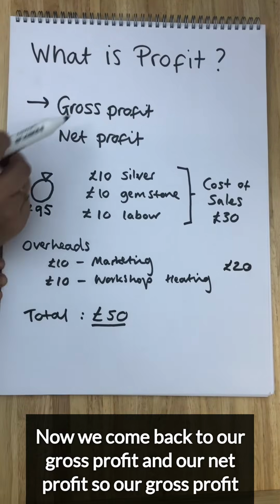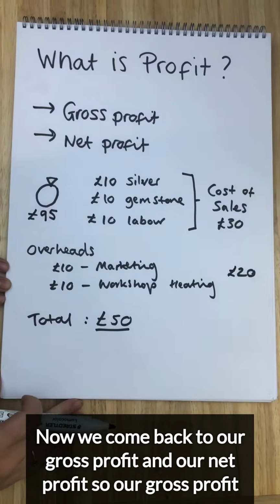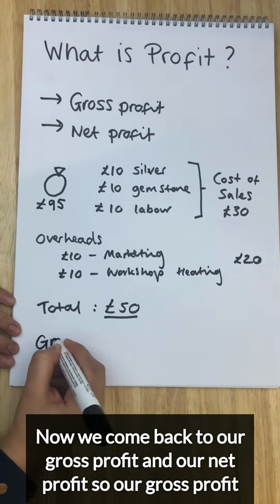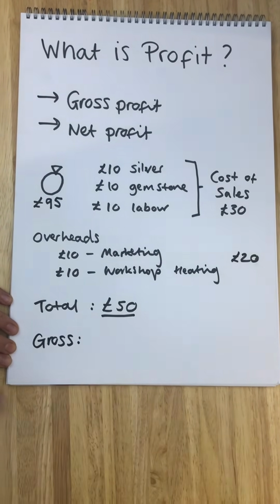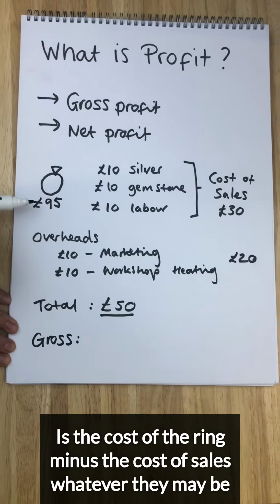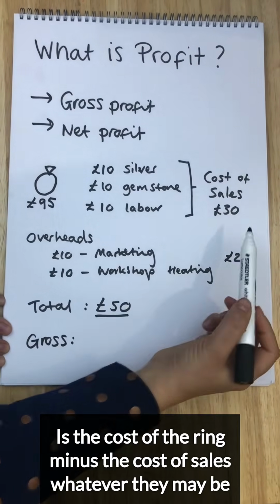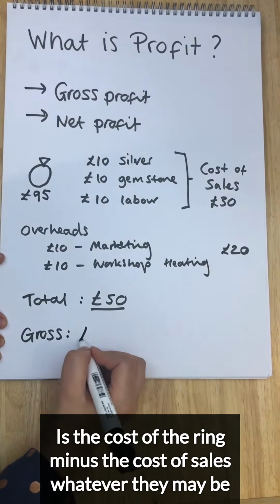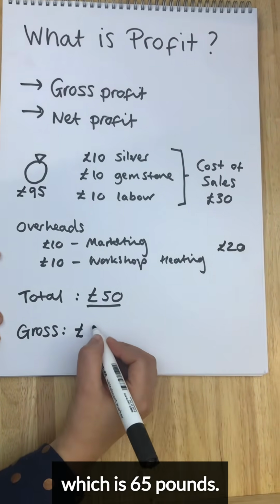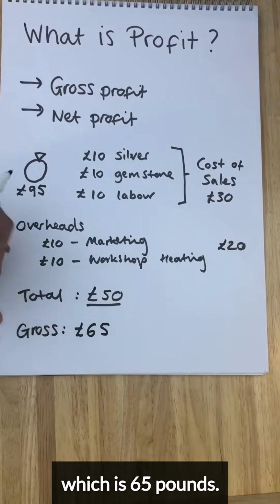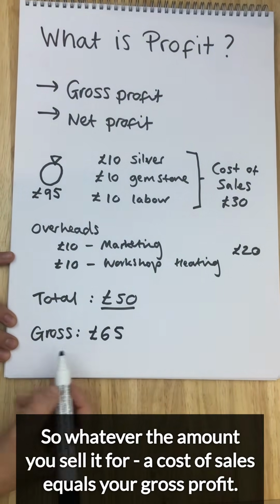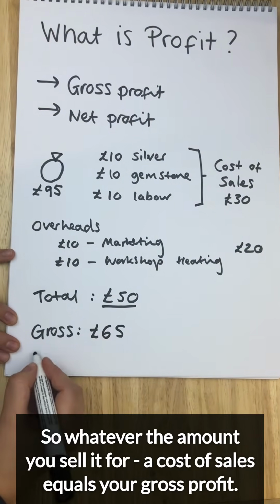Now we come back to our gross profit and our net profit. So our gross profit is the cost of the ring minus the cost of sales, whatever they may be, which is £65. So whatever the amount you sell it for minus the cost of sales equals your gross profit.